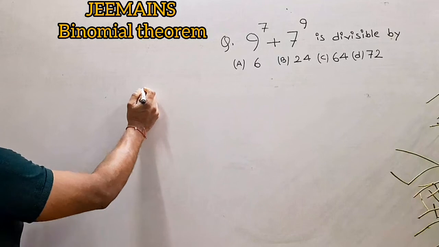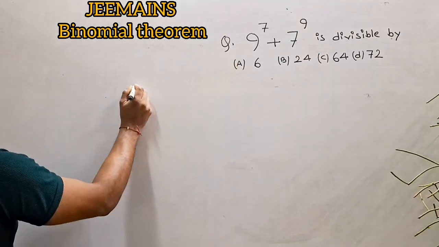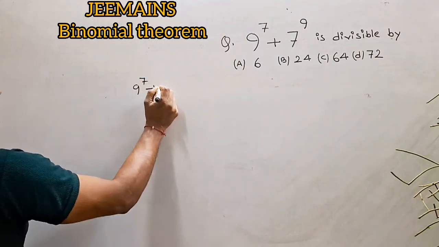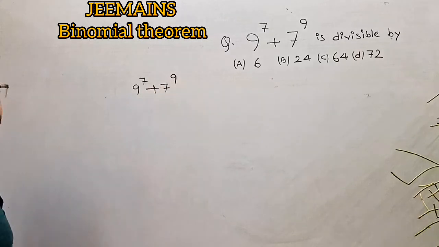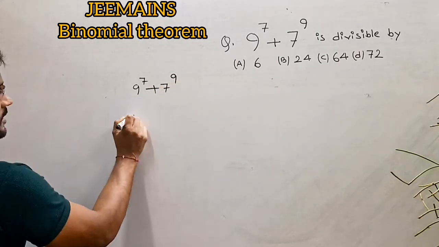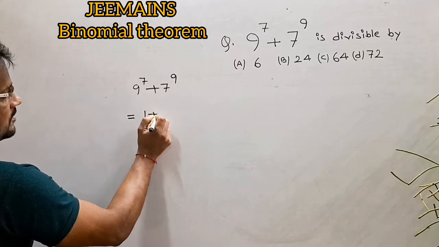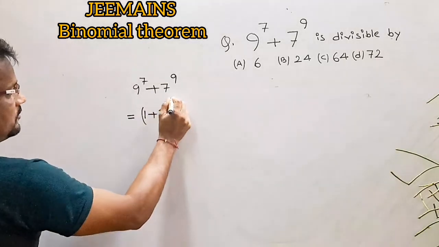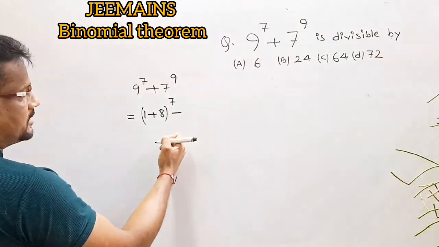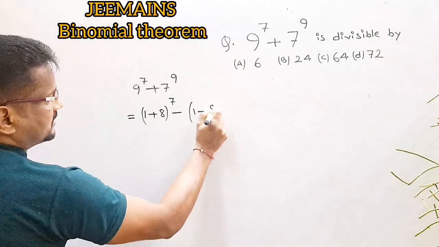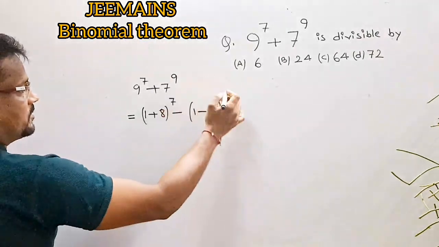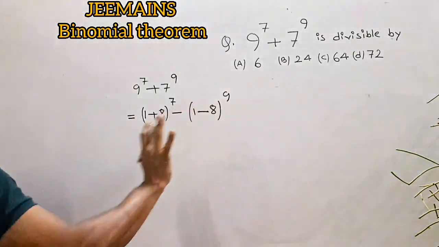Here you take 9 to the power 7 plus 7 to the power 9. At first you see, 9 to the power 7 means what? (1 plus 8) whole to the power 7. Give minus sign here. Then you can write (1 minus 8) to the odd power 9. So it is already balanced.